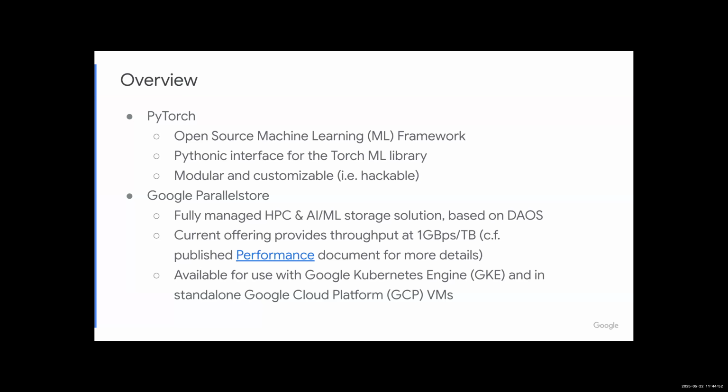And it's available for use with the managed Kubernetes within Google Cloud, and also from standalone GCP VMs. So you can set it up, install the DAOS RPMs and client RPMs, and use it that way.